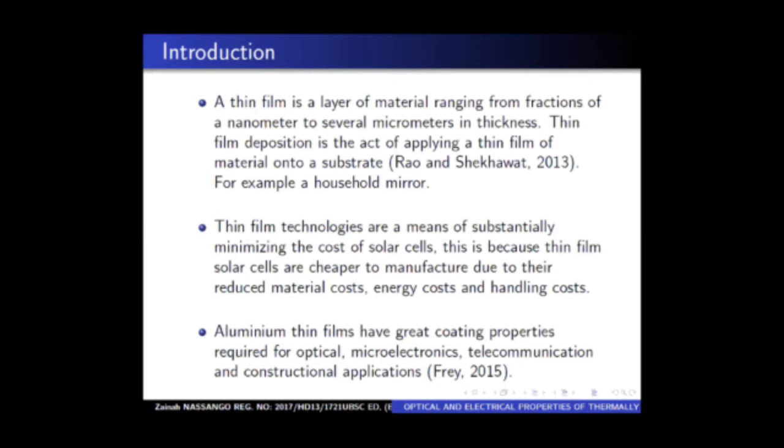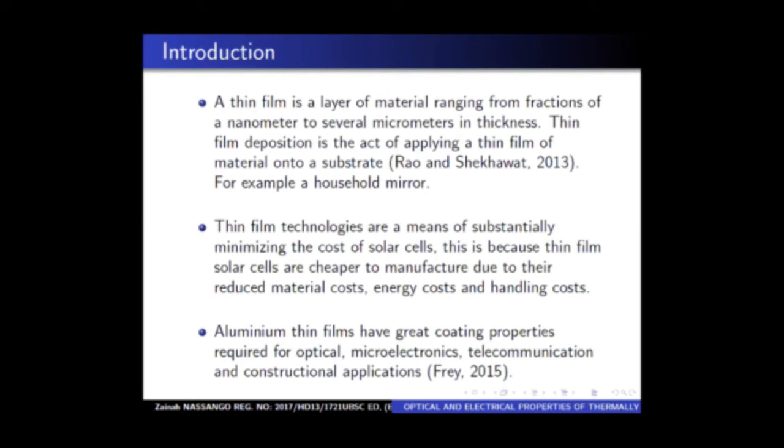Thin film deposition is the act of applying a thin film of a material onto a substrate. The most common example is the household mirror, whereby one surface is reflecting and the other is coated with a given material.